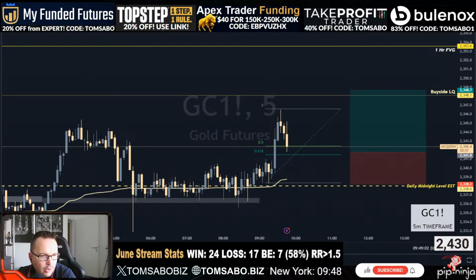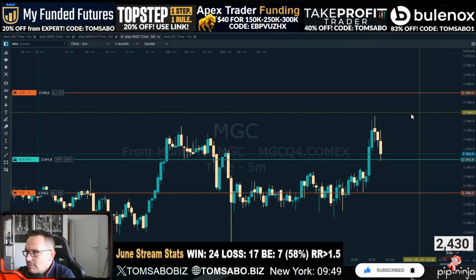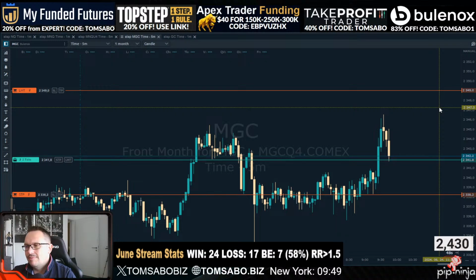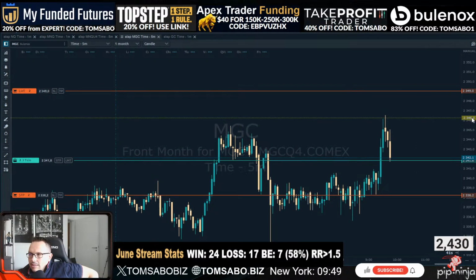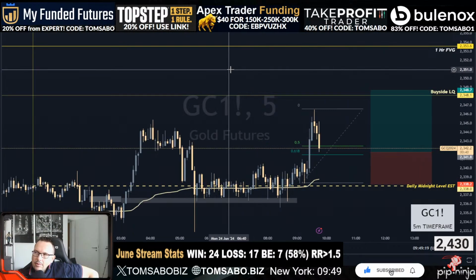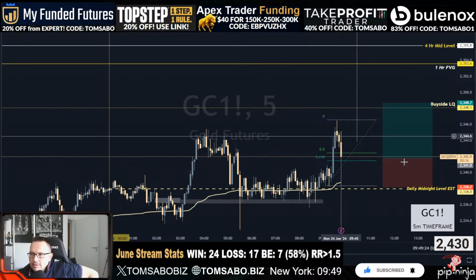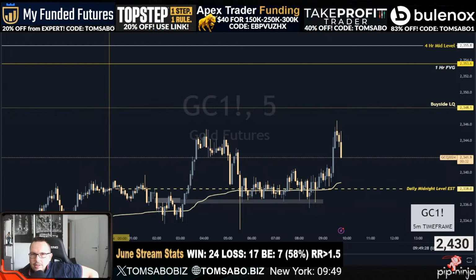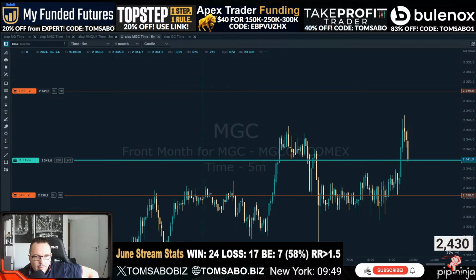So I'm going to show you my gold trade. This is my gold trade right now. We'll see how it goes. It's super risky. I'm just trying to aim for that fair value gap or buy side liquidity above there. So currently that's the thing. So let me see.